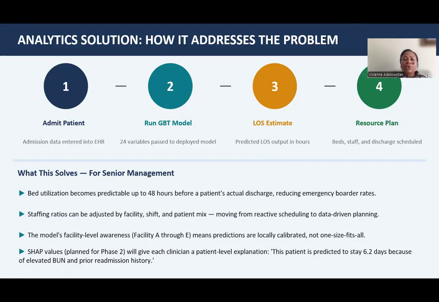Hospital operations teams use this output to pre-book beds, schedule discharge planners, and notify housekeeping. So the result of this is beds turn over faster and patients wait less.